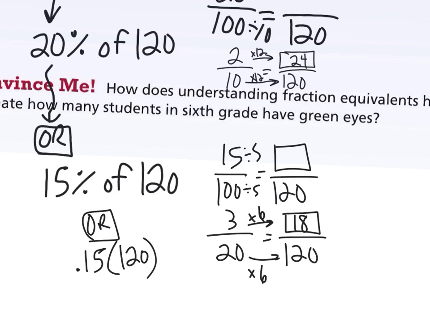So we could just do 0.15 times 120 and get that answer. Again, we could work that out by hand, but to me, the proportion's probably easier than multiplying that out by hand. But like I said, if you were allowed to use a calculator, that would be another route you could take to get your answer.